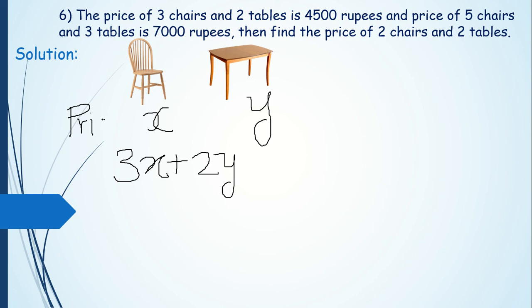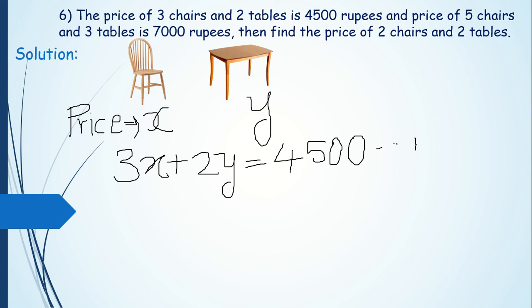So 3 chairs are there, so we assume the price of 1 chair to be X and the price of 1 table to be Y. So when the price of 1 chair is X, the price of 3 chairs is 3X, and the price of 2 tables is 2Y, and together it is 4,500 rupees.